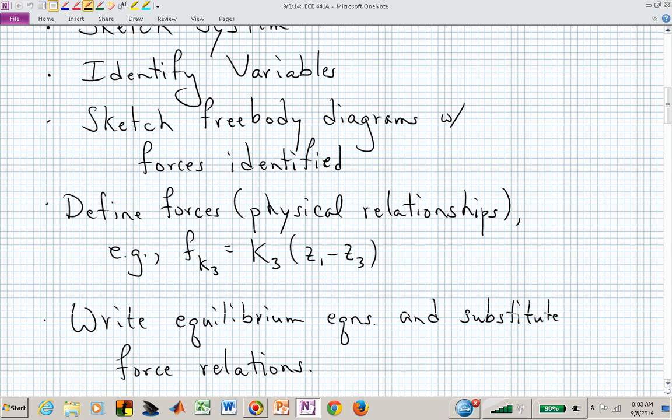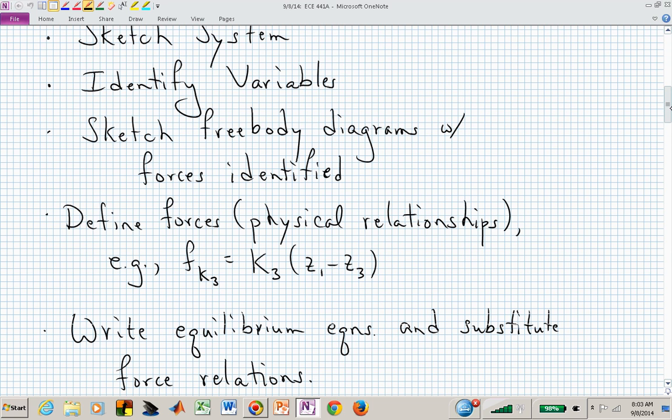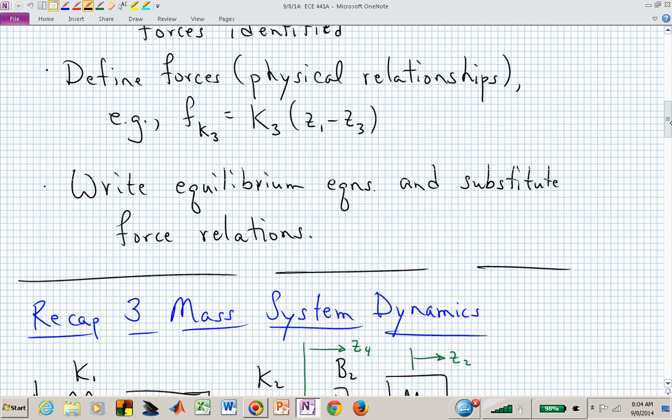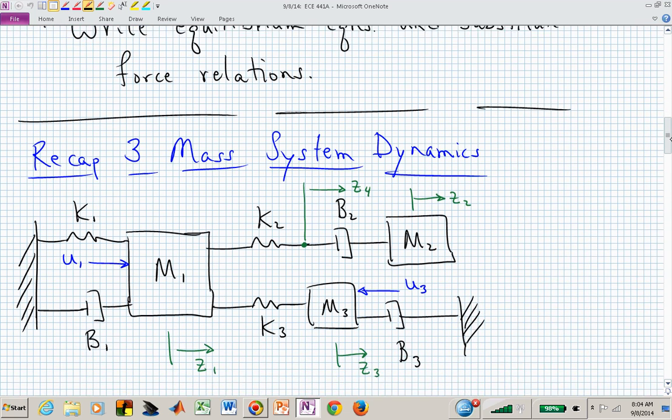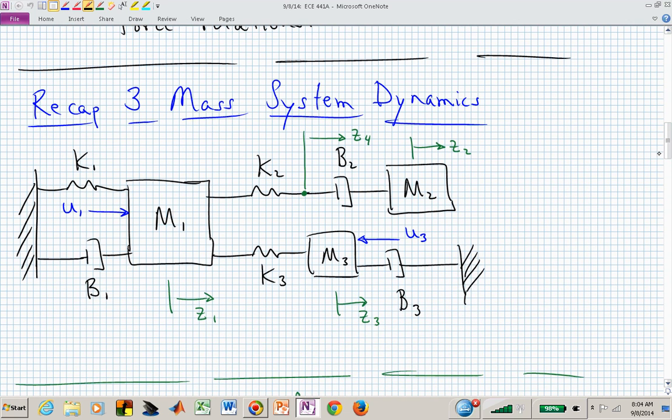We'll talk more about that in the specific example of the three-mass system. Then you can write the equilibrium equations, which are algebraic relationships in one dimension based on those free body diagrams, and substitute the force equations that you just found above.